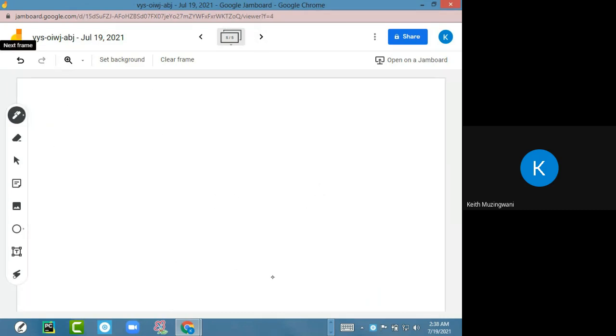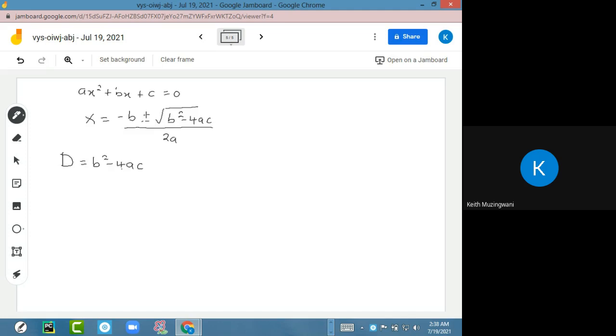Notice that we said if ax squared plus bx plus c is 0, we could get the value of x using the formula over 2a. Now let's call the inside thing d.